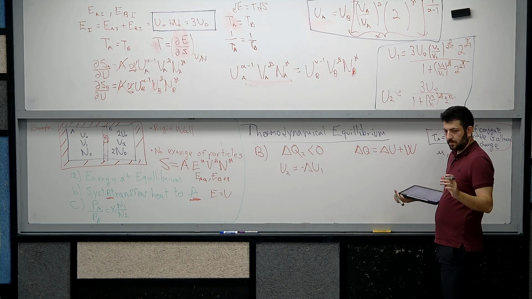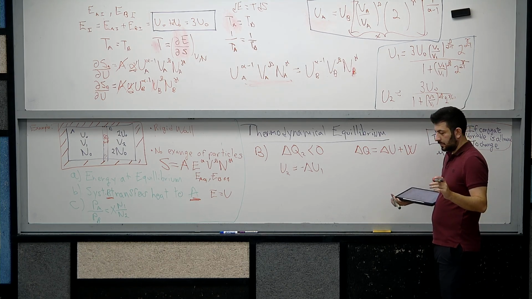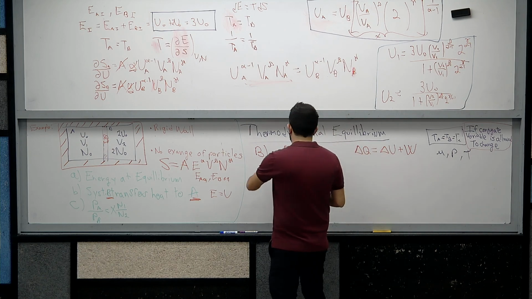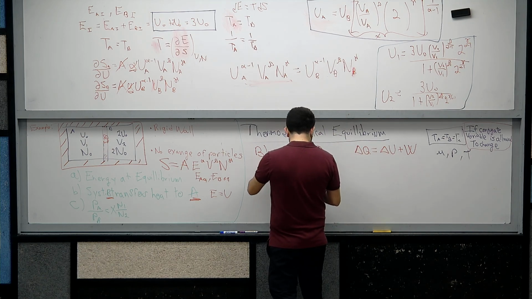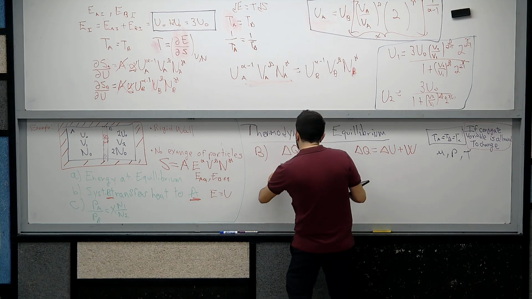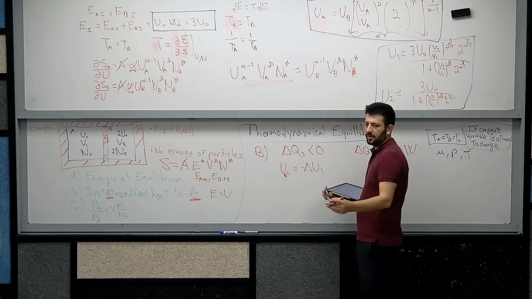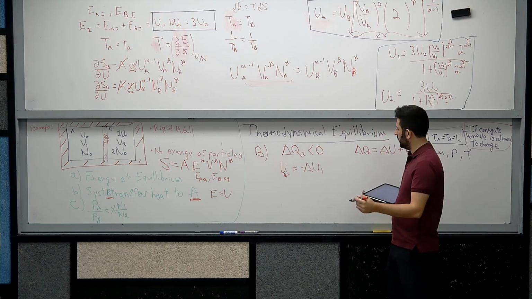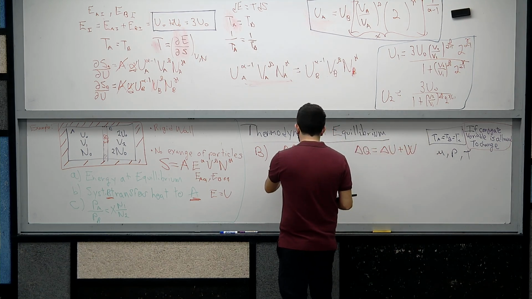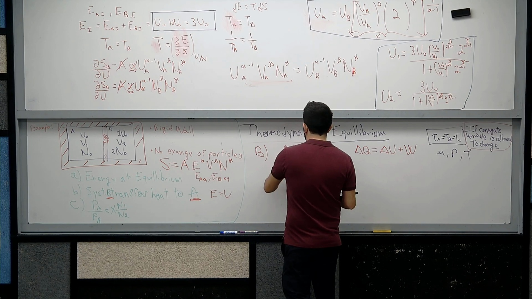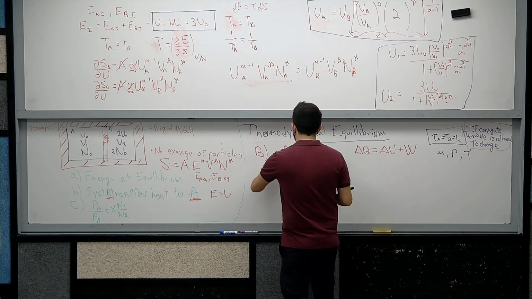What is U2 equal to negative delta U1? It's the amount of change in the energy. I'm just naming the energy that it gains. So I can put it like this, right?